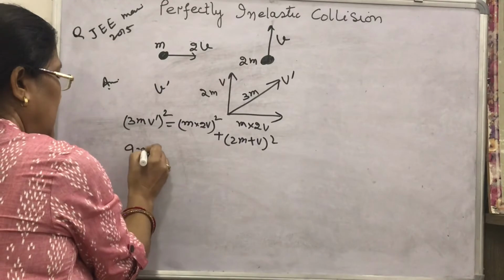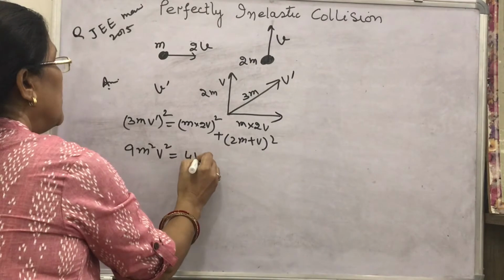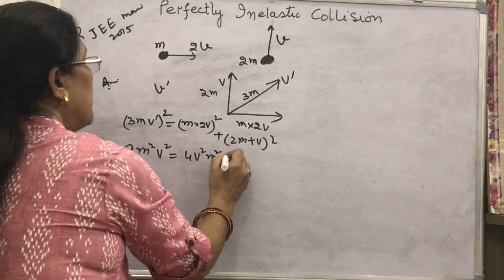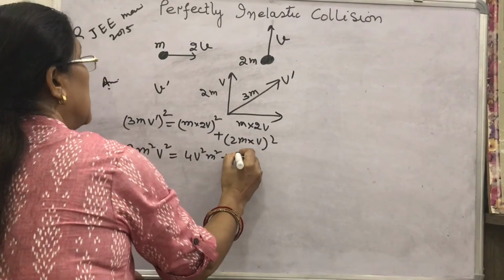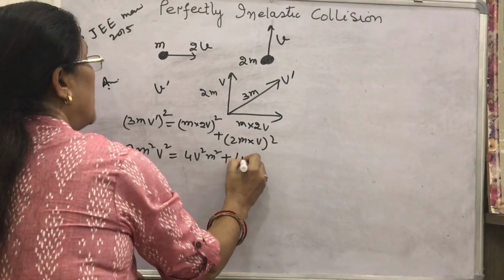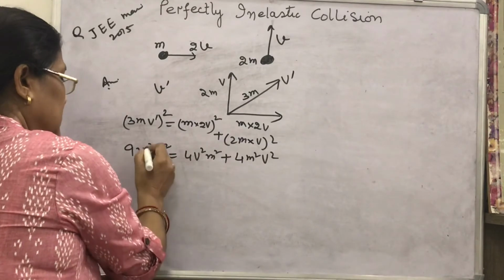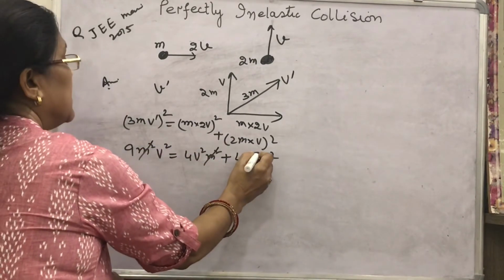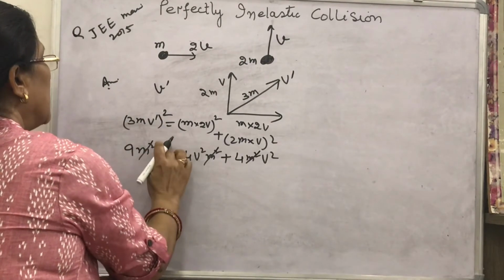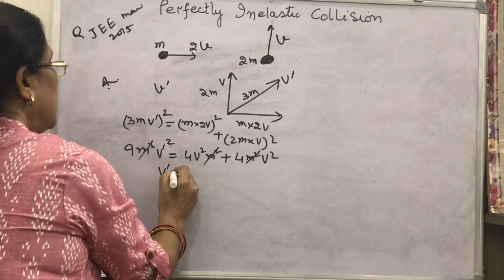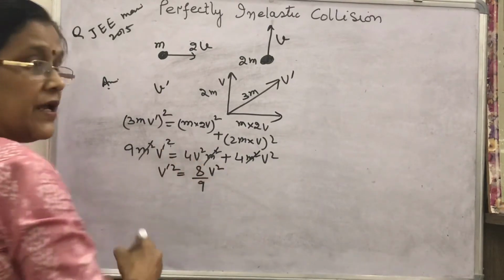That is 9m square v dash square equal to 4v square m square plus 4m square v square. Look here, this m square is cancelled, this is 8v square and this is 9 v dash square. So what will you get? This v dash square will be equal to 8v square upon 9.